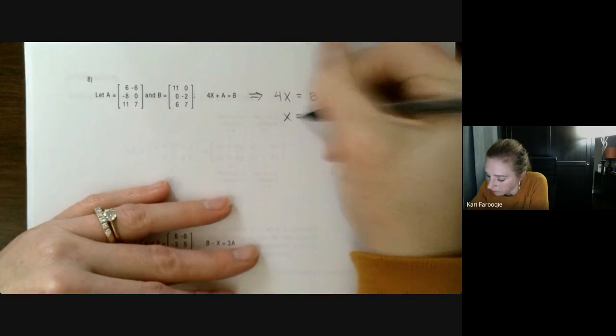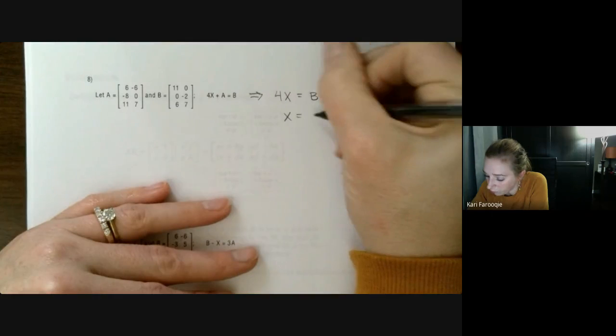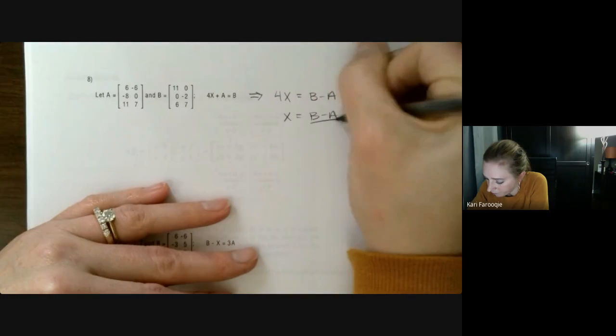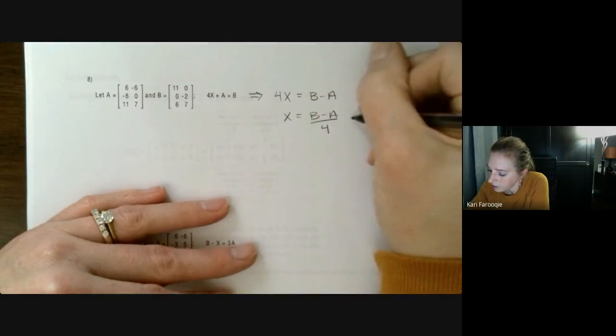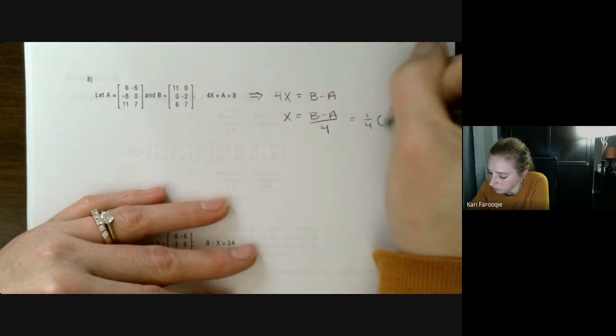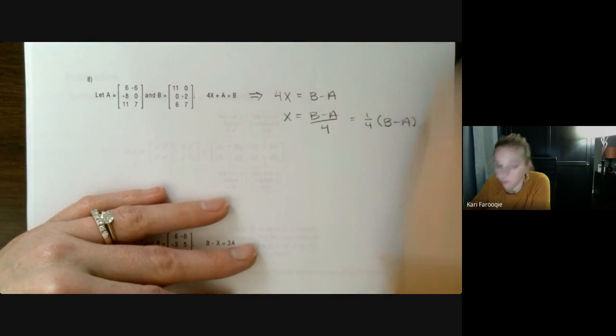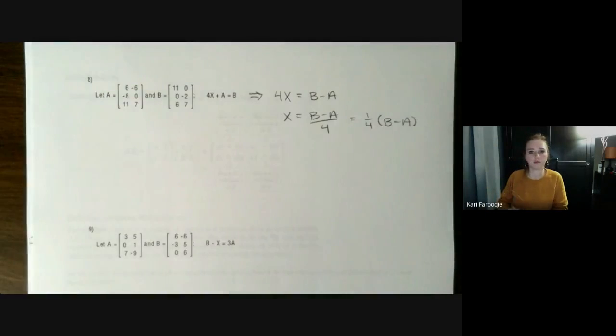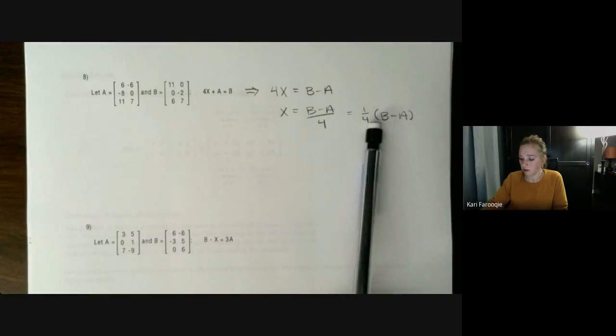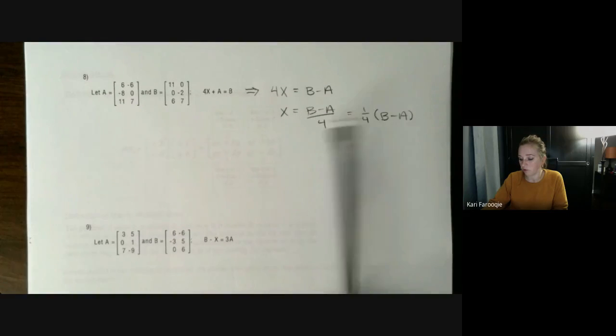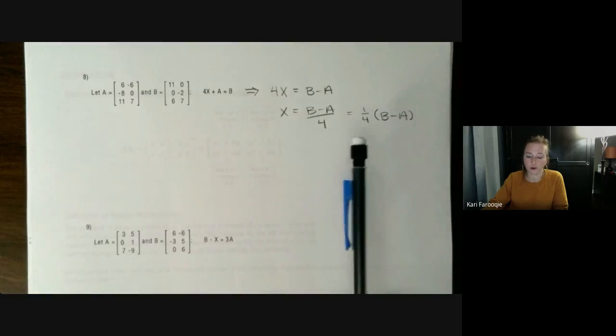So divide both sides by 4. If you would like, instead of dividing by 4, you can multiply by 1/4, whichever seems most reasonable for you to do. Scalar multiplication really is also going to be scalar division in this case. So you can either multiply the matrix by 1/4 or you can divide each element by 4. It's doing the same thing.